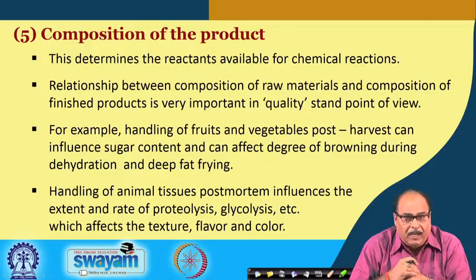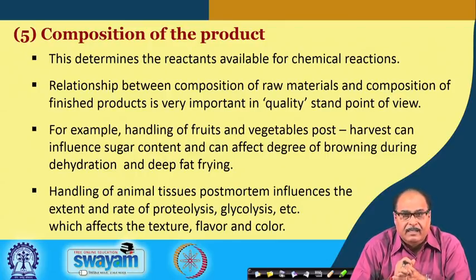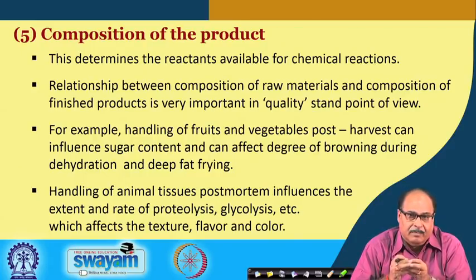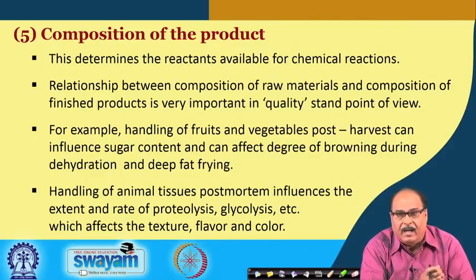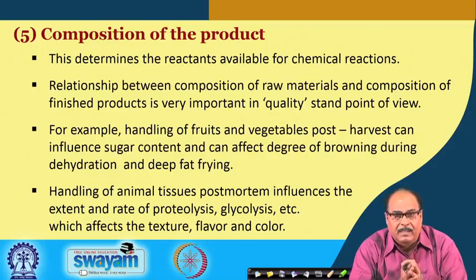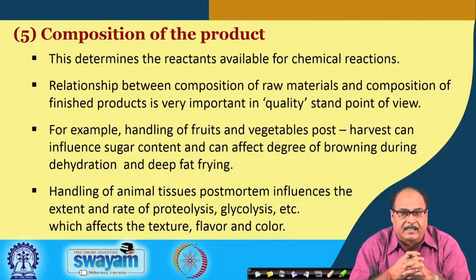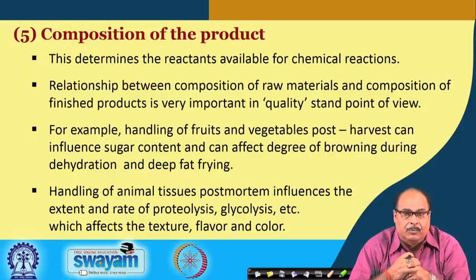Another important variable which should be considered by processors or others handling food material, in the industry or anywhere, is the composition of the product: both the raw materials or ingredients used for processing or manufacturing, as well as the end product characteristics, and even the materials which are added into the food.